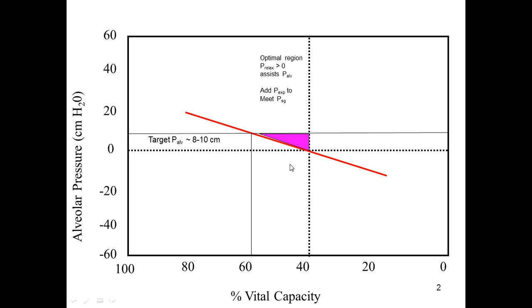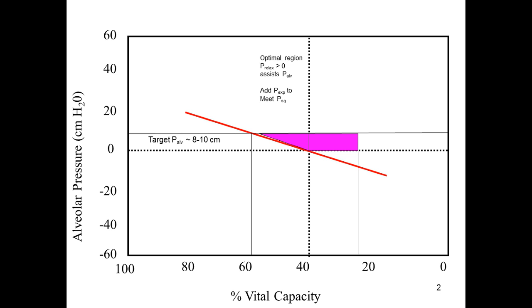Now let's consider a case where we continue to speak and need to maintain this same target level past the resting expiratory end level. In this case, we're still trying to maintain pressure, and we're going to need to continue to produce expiratory pressures to maintain positive alveolar pressure, but also note that at these lower volumes we now have a negative relaxation pressure.